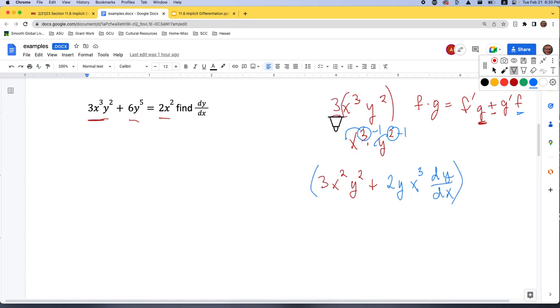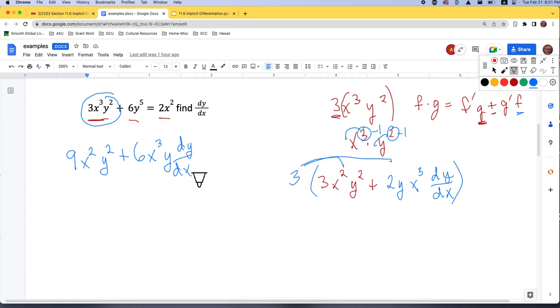And on all of this, this 3 has to come down, right? And it has to distribute to both terms. So I'm going to rewrite this over here. This little part here, its derivative is this big monstrosity. It's going to be 3 times 3 is 9x squared y squared plus 6. And I'll switch the x and the y just because x cubed y to the first power dy/dx.